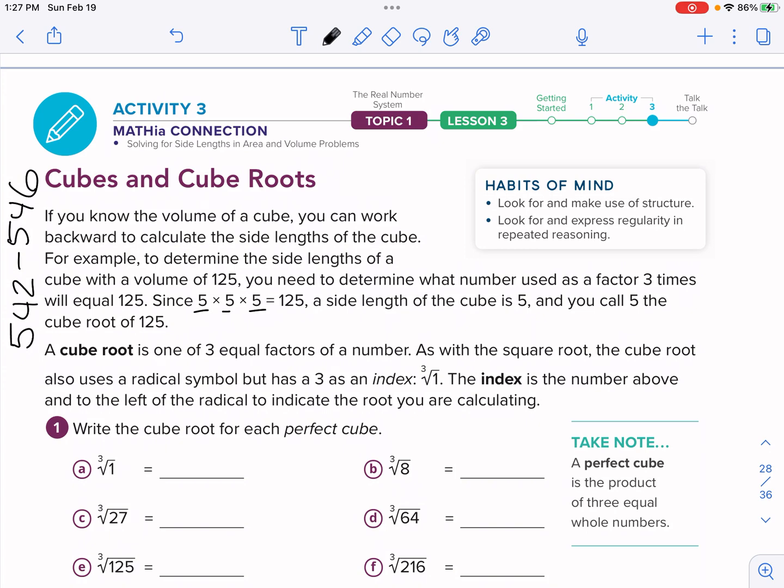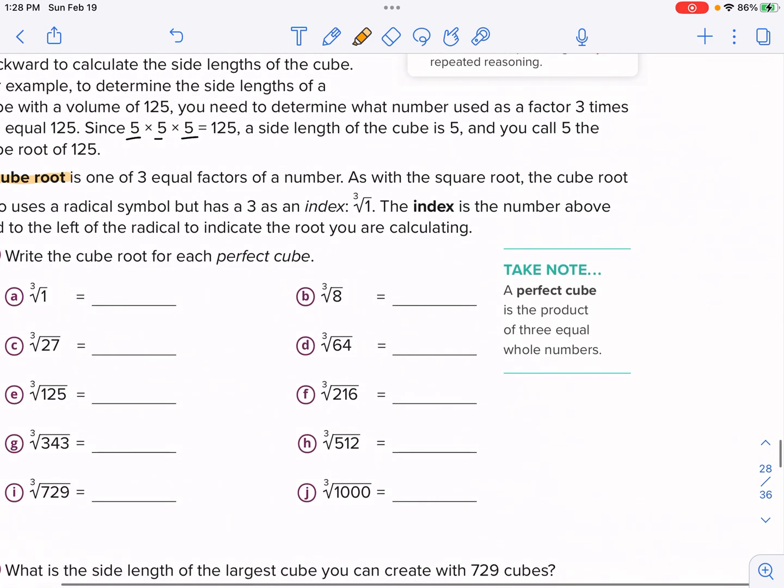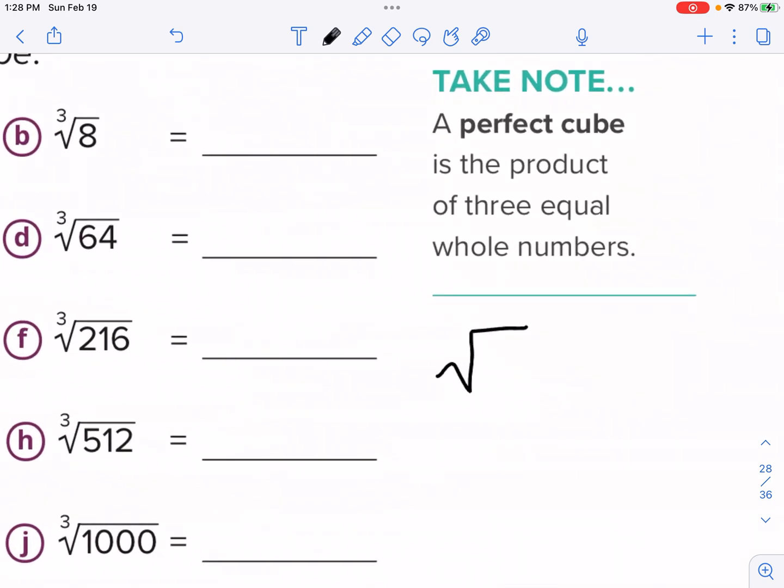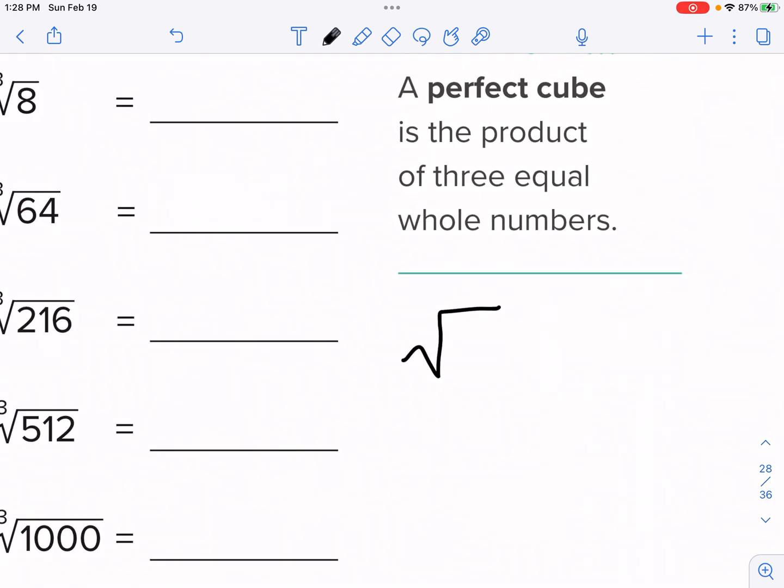Here are our key vocabulary terms, cube root. So a cube root is one of 3 equal factors, meaning they're the same number. As with the square root, the cube root uses a radical symbol, but it has an index of 3. So what does that mean? We were just focused on square roots, right? These are all called radicals, but let's say square root of 4. The 4 is a radicand.